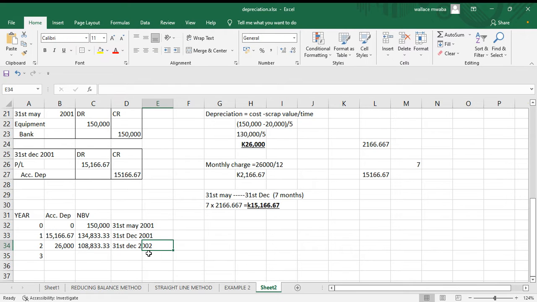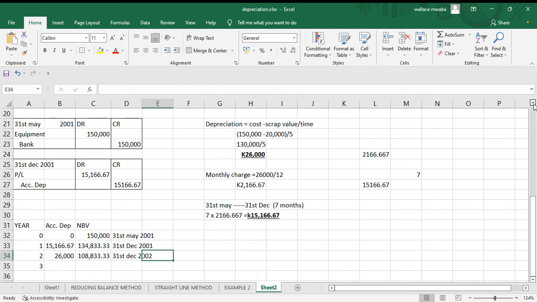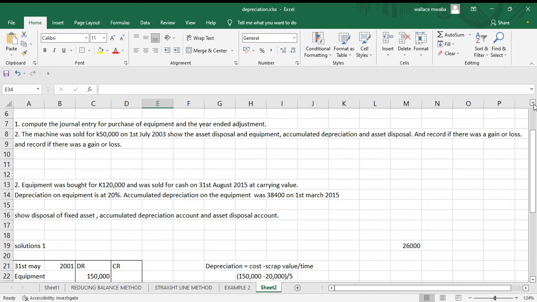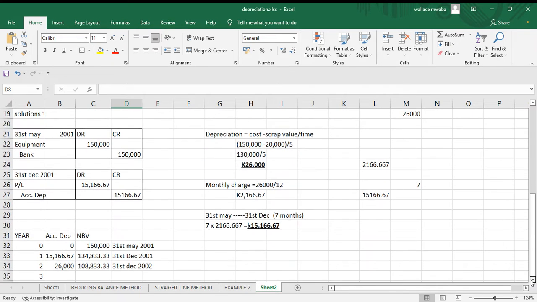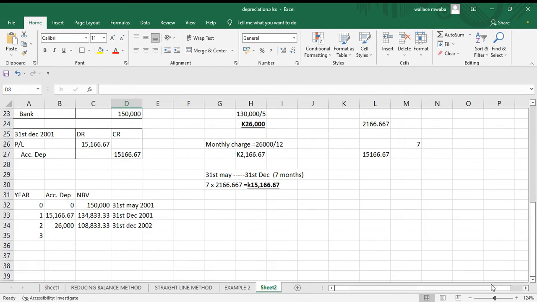Okay, so this is the year in which the equipment was sold, in the year 2003, and we said it was sold in July. Okay, so we already have the monthly charge, which is 2,166.67.